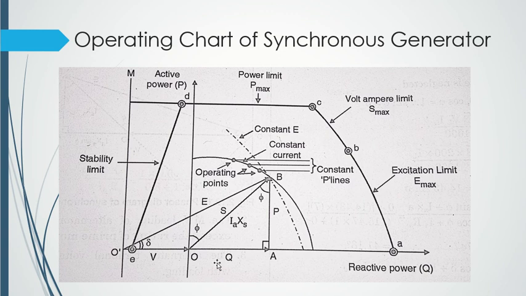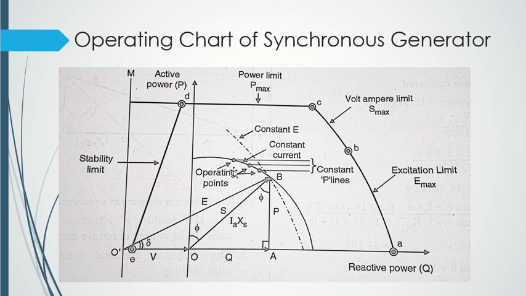Okay, so respectively active and reactive power will be drawn, and the horizontal lines which are drawn from these operating points will cut the active power axis. See, this is my active power, and it will cut my active power axis.